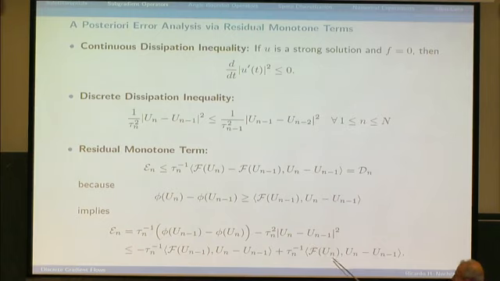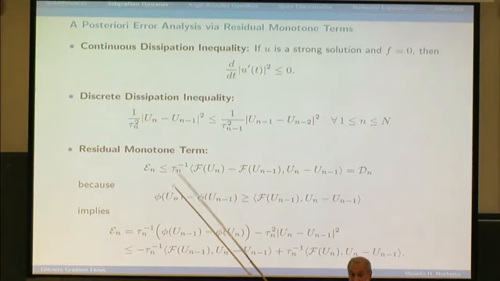So you see here, you get the difference of f's times the difference of the u's. So this is not an obvious estimate because it combines regularity. You see, typically we are used to having f alone or u alone in the estimate. This is a combination of the two. And it's an upper bound for the epsilon n, if that makes sense.